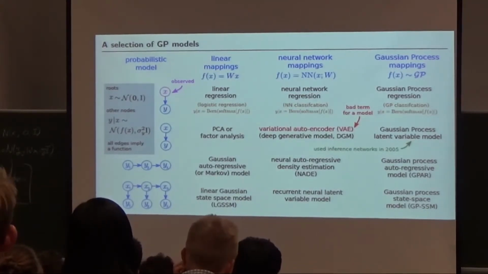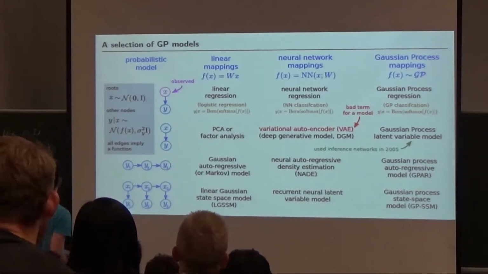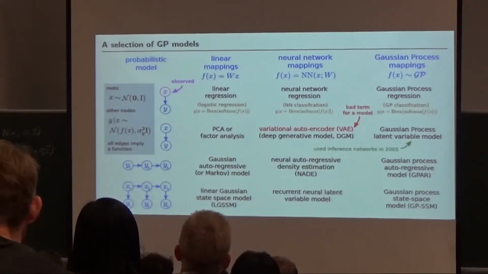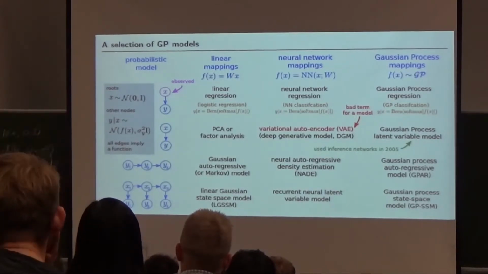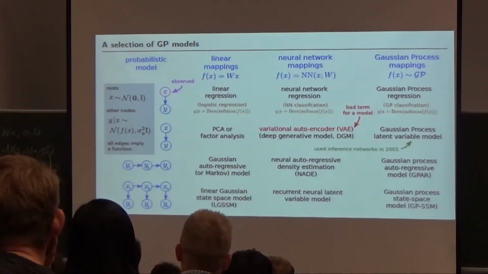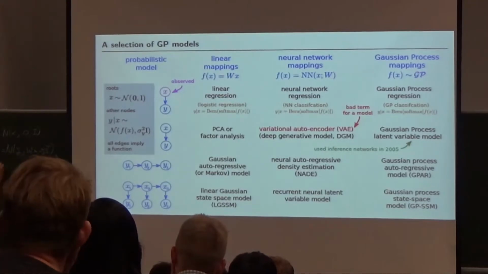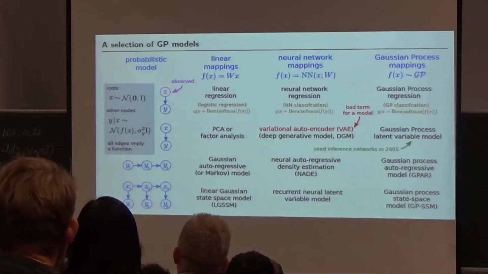So let me just write down the generative process for, say, the bottom one. You would generate data from it in the following way. You would generate f from a Gaussian process, so you draw that in your mind.